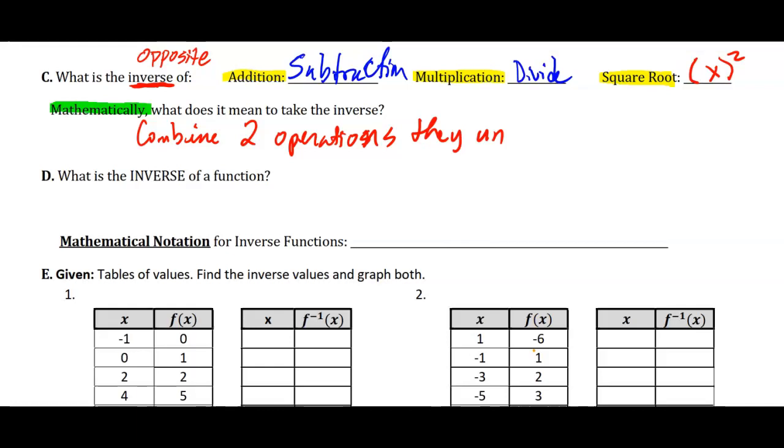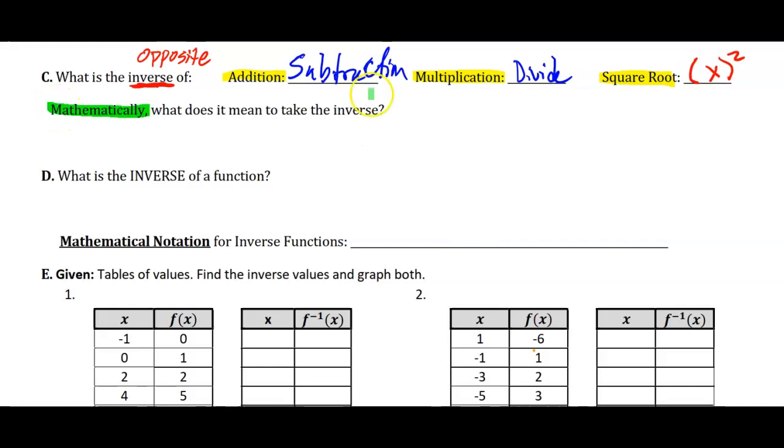So mathematically, what does it mean when you take an inverse? Well, if you do two operations, they cancel out.